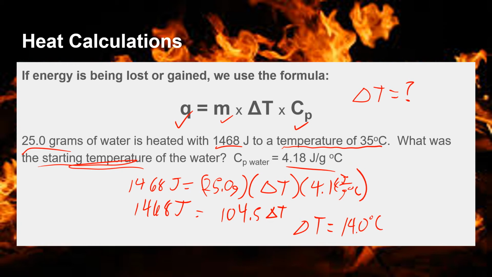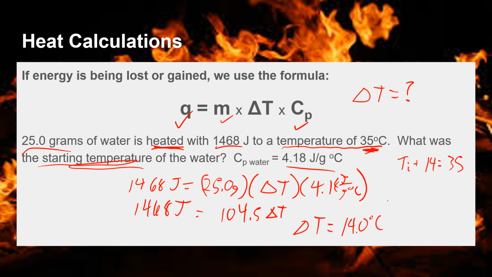Okay. So now the next question is, do you add that to 35 or do you subtract it from 35? Since it says the water was heated and it reached a temperature of 35, it would make sense that the temperature we're looking for plus the change is going to be equal to 35.